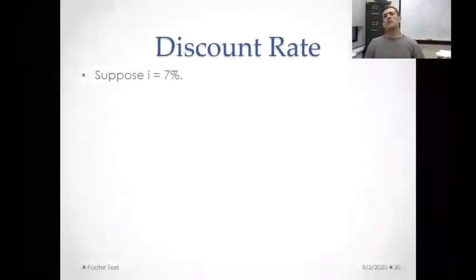Let's talk about discount. Discount is a very practical alternative way of thinking about present value. The idea behind a discount rate is extremely straightforward. Let's say the effective annual interest is 7%.